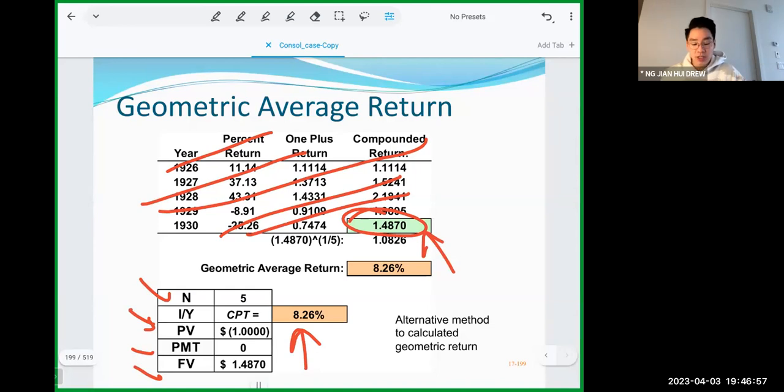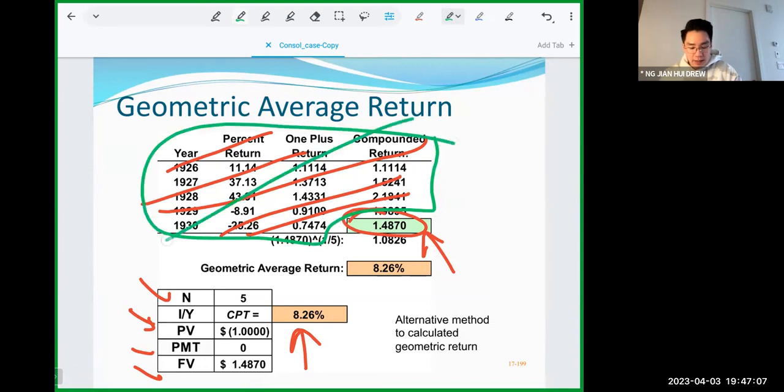Okay, like in this question here. Calculate the geometric return. If the question just says this and doesn't give you all this information, you should still be able to calculate the geometric return, because of the idea of time value of money, and we can use this method to calculate.